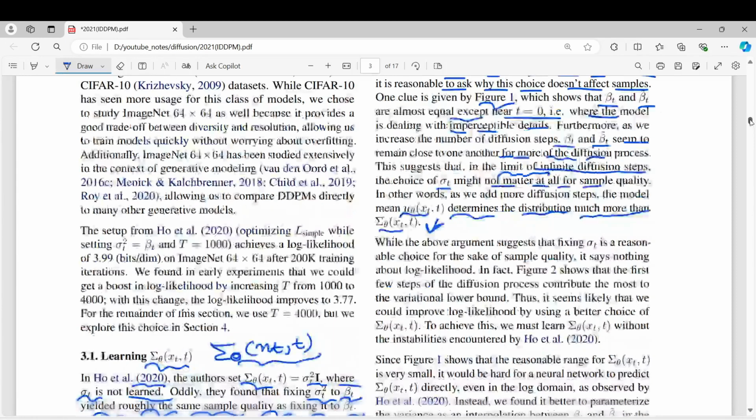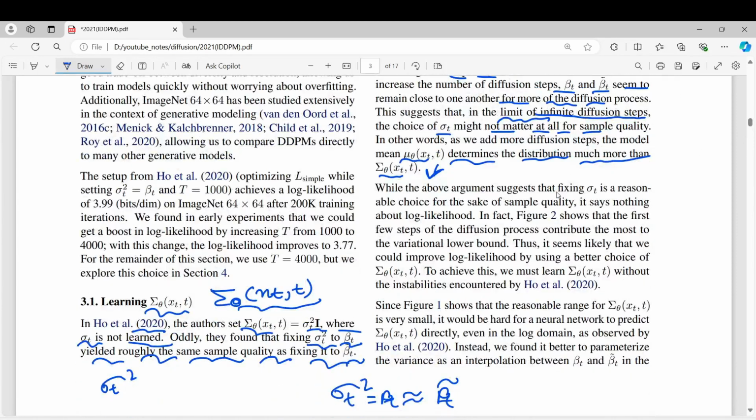They are saying that fixing this is reasonable for the sample quality, but it does not say anything about likelihood. We want to make our likelihood better, but fixing this does not give any clue about the likelihood. In fact, figure 2 shows that the first few steps of the diffusion process contribute the most to the variational lower bound.